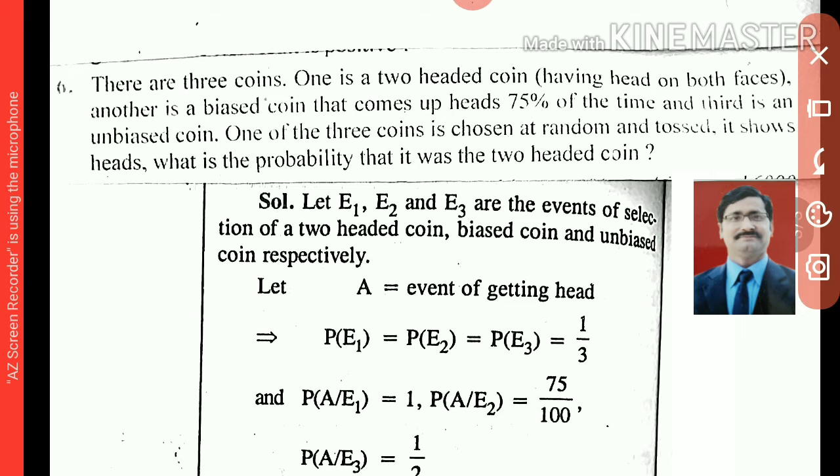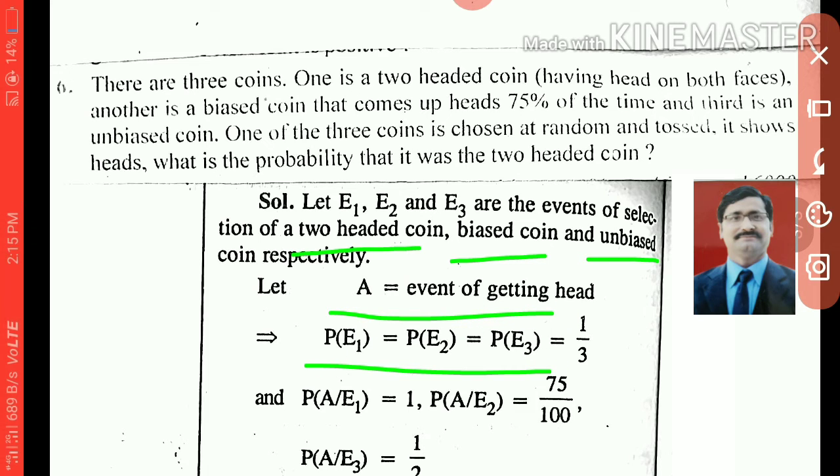What is the probability that it is the two-headed coin? So E1, E2, E3: E1 is selecting the two-headed coin, E2 is the biased coin, and E3 is the unbiased coin. The probability of selecting any coin is 1 upon 3, so P(E1), P(E2), P(E3) are each equal to 1 upon 3.